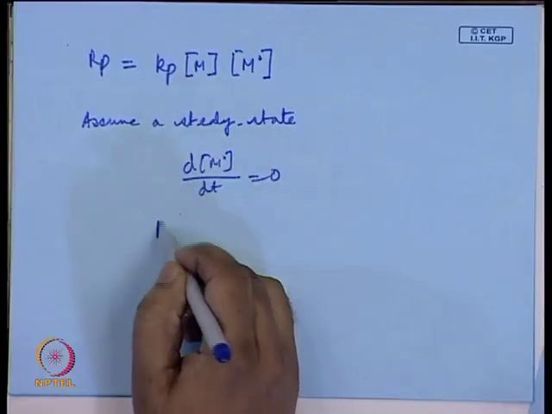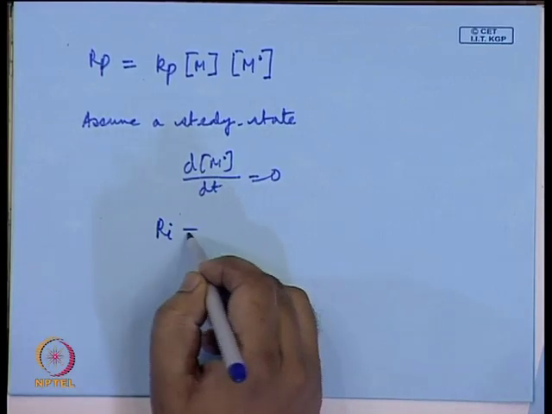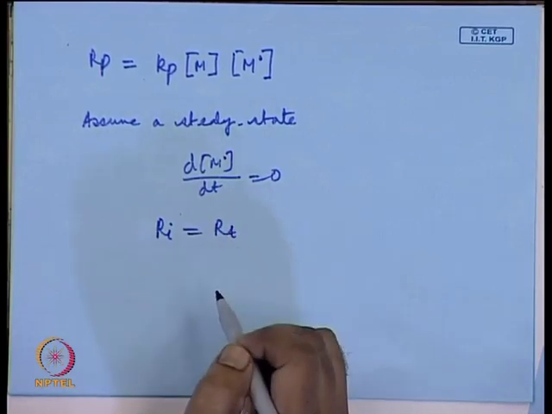That is not very unusual, because when we do the kinetics of fast reactions with intermediates, we always assume steady state. So, in a steady state, the rate of initiation is equal to the rate of termination.